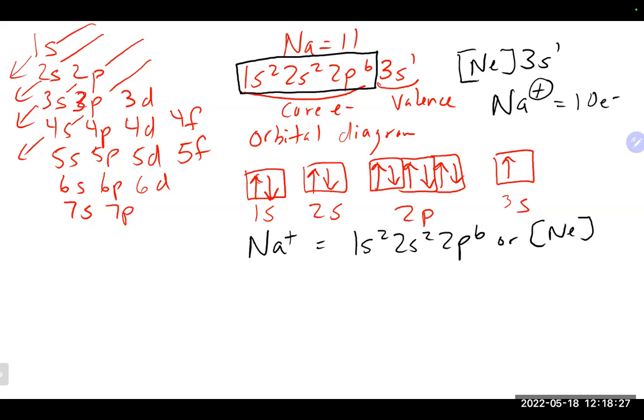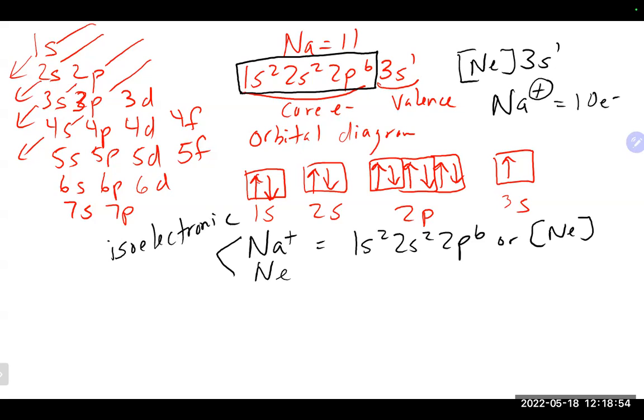Remember that representative elements, when they gain and lose electrons, the goal is really to end up like a noble gas. So in the case of sodium, it loses an electron and ends up with the same configuration as neon, which is the noble gas that comes right before it. Things with the same electron configuration, neon and sodium with the +1, are what are referred to as being isoelectronic with each other.